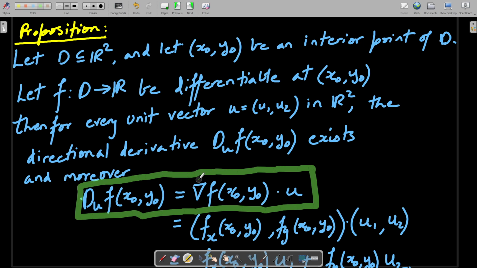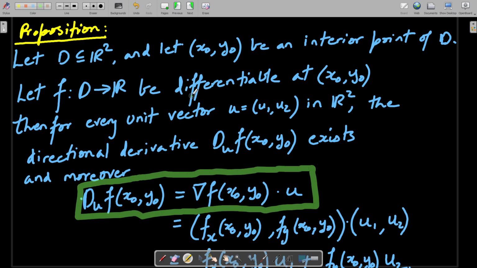Secondly, if the directional derivative of a function does not exist in some direction, because we said if it's differentiable, then in every unit vector direction the directional derivative will exist. But if it is not existing in some direction, that means the function is not differentiable at that point. So we have two conditions over here to check the differentiability of a given function.